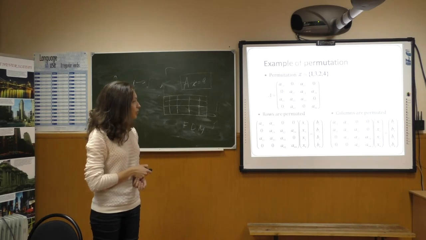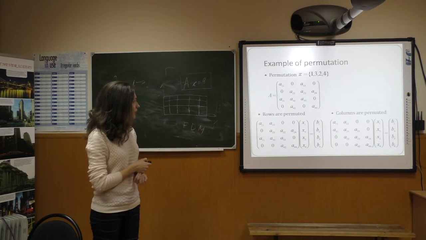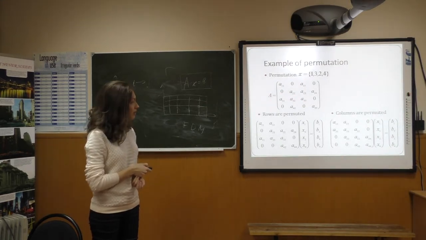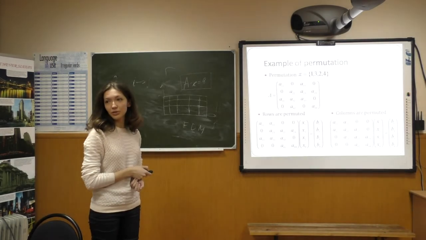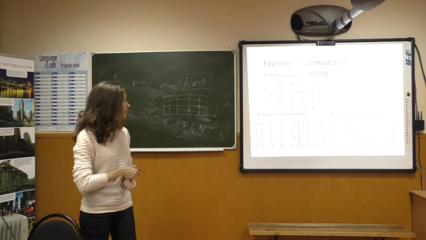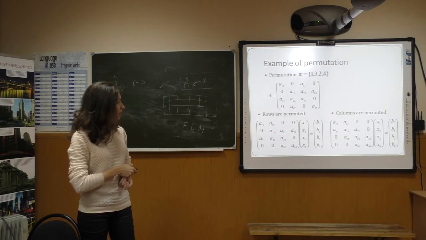For example, you can note that all initial diagonal elements of the initial matrix A again lie on the main diagonal of the resultant matrix, but in a different order.